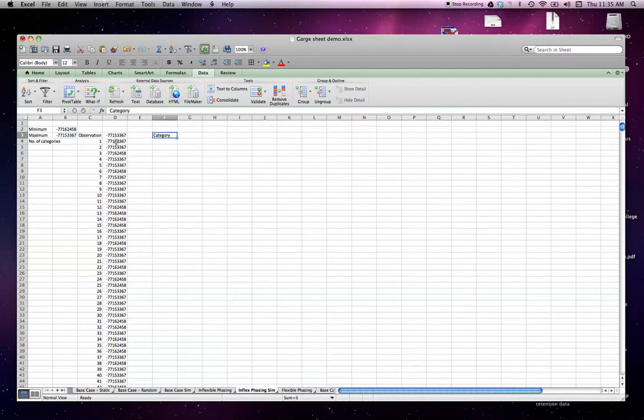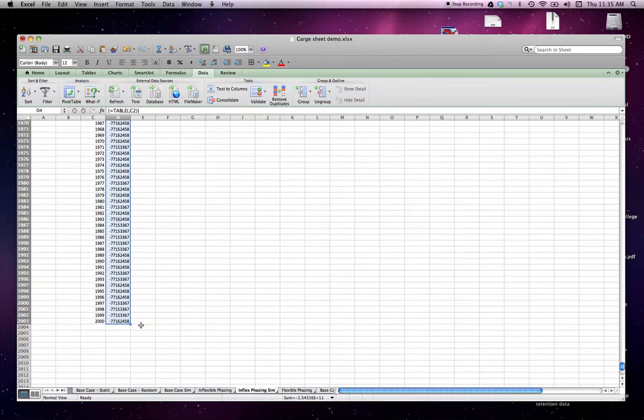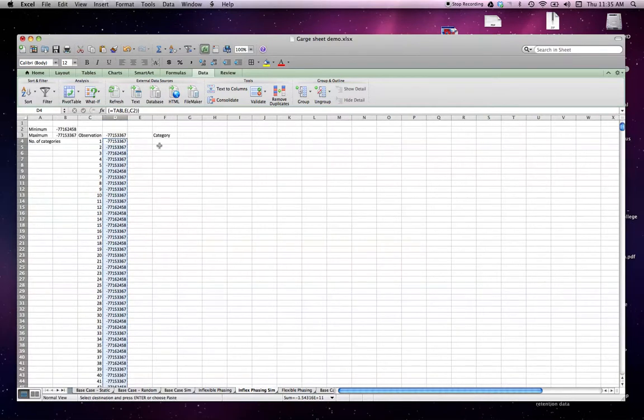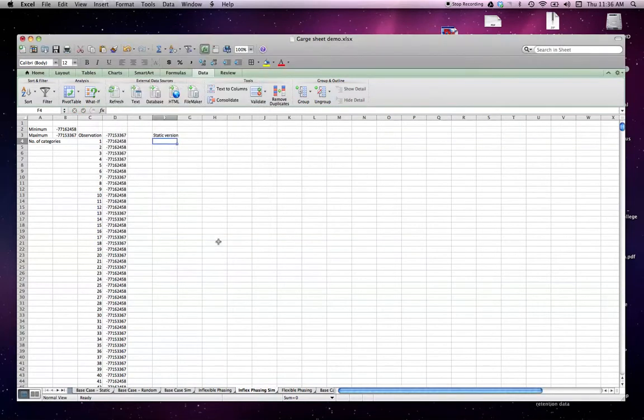We could take these and do it just like we did before. We could copy, and then this is the static version, and paste special, and just paste, whoops, oh, for God's sake.